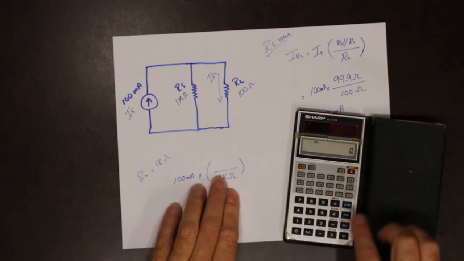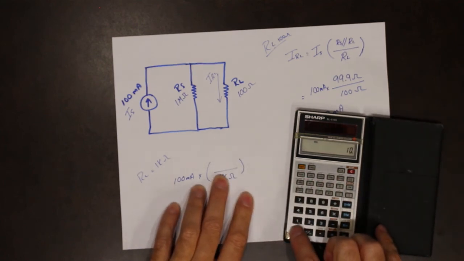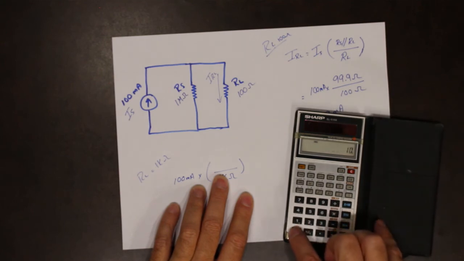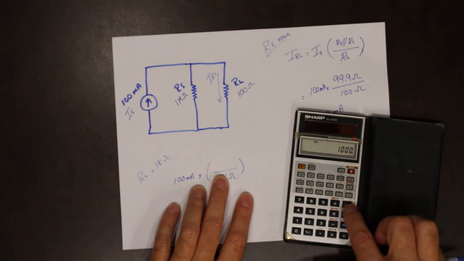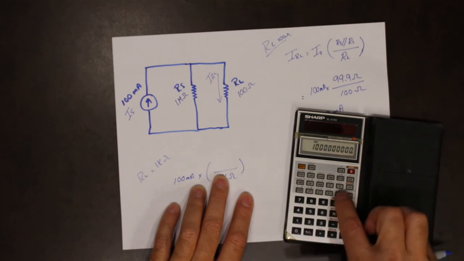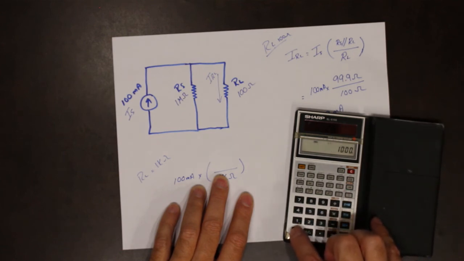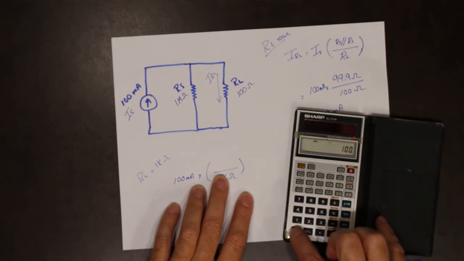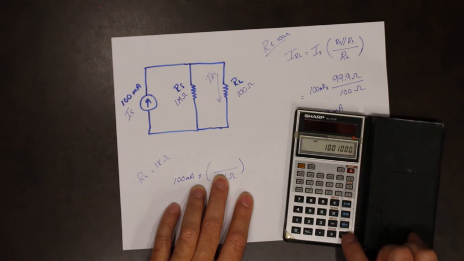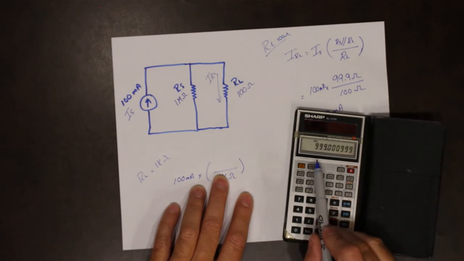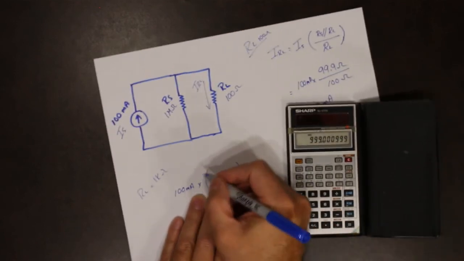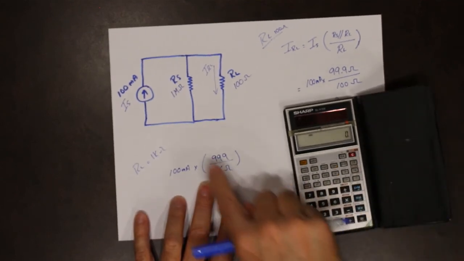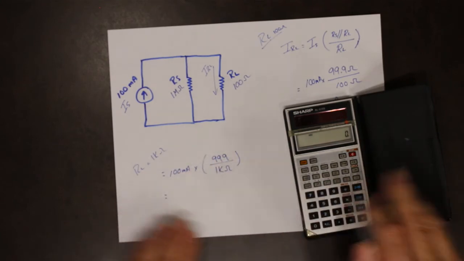These two in parallel are going to be 1 meg times 1000 divided by 1 meg plus 1000. So 999 ohms. Then I plug this value into here.